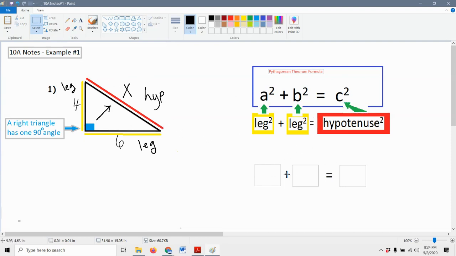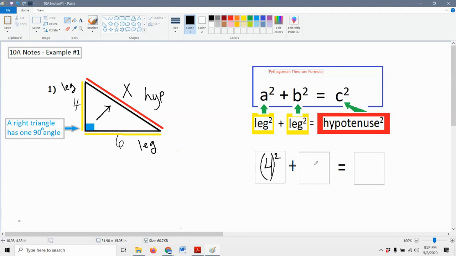Well, how do we use the formula? I've set up a little template here so that I can show you. Here is where a squared and b squared go, so that's where we put the measurements of the legs. The first leg, we'll put 4, and remember, it has to be squared: 4 squared.